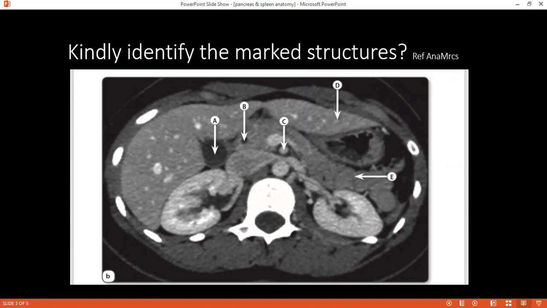Good. Can you please tell me the blood supply of the pancreas, please? Blood supply of the pancreas. Ma'am, head and neck is supplied by superior and inferior pancreatic artery. Yes, ma'am. Head and neck is supplied and body by the pancreatic branch of artery.